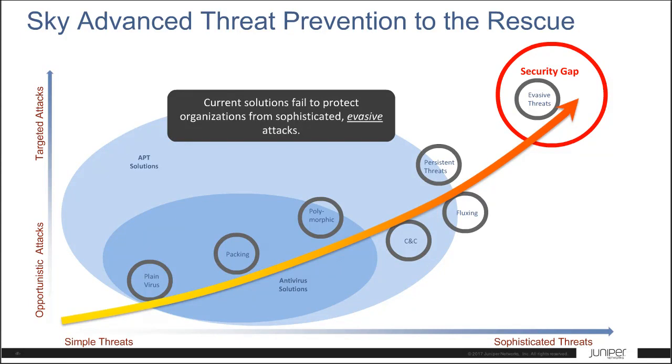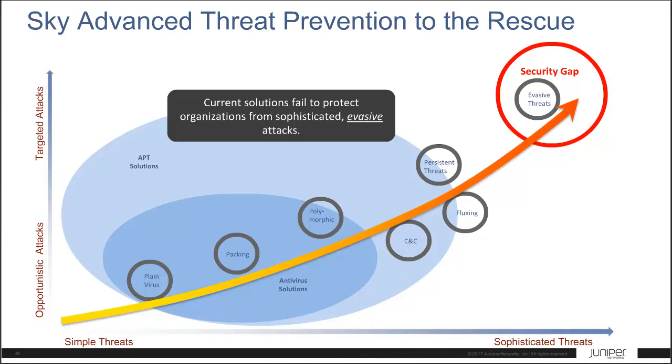Now, if we see that diagram on SkyETP, that's coming to the rescue, first we need to understand that the more to the right we go, the more sophisticated the threats. The more to the top, the more targeted the attacks. If we look at the bottom left corner, we see the kind of attacks that could happen some years ago, that have been here for many years, and that we have solutions like antivirus that could perfectly cover.